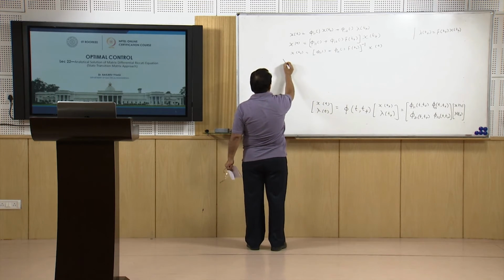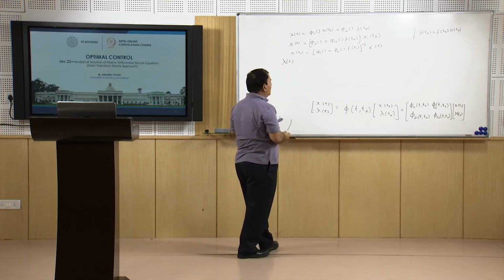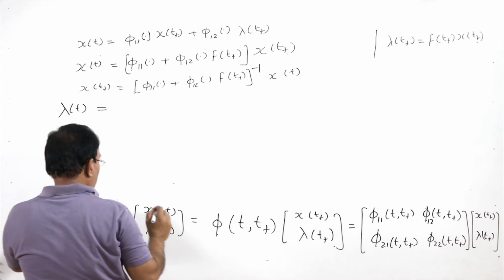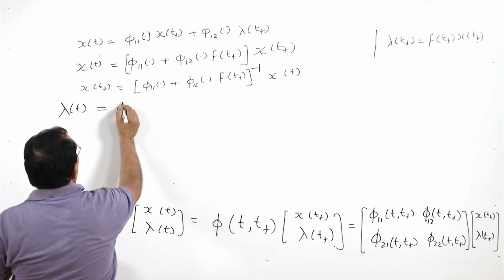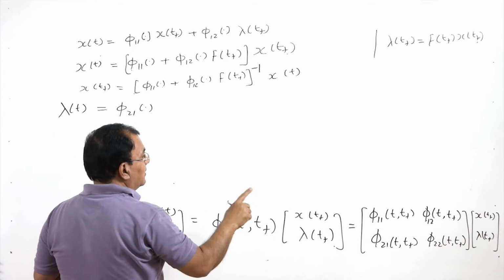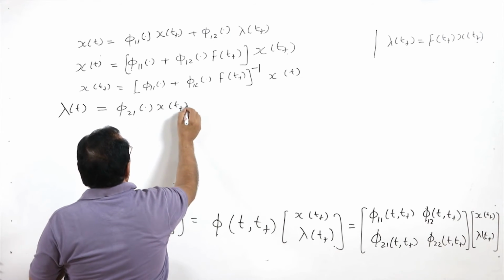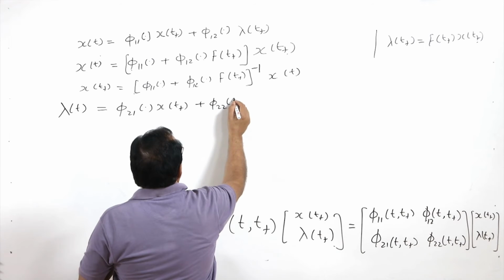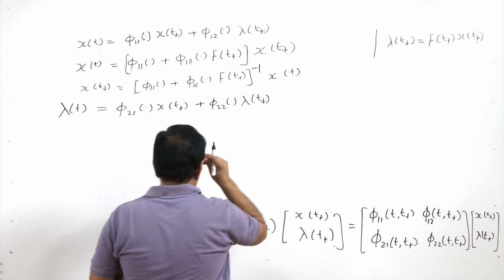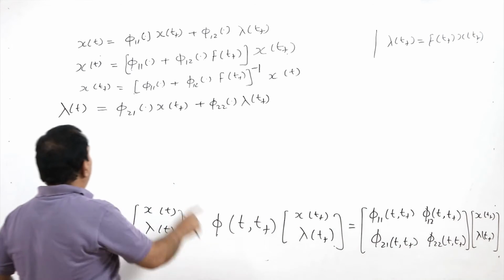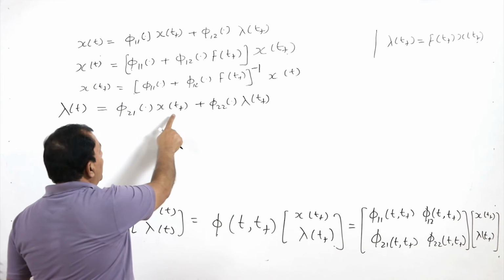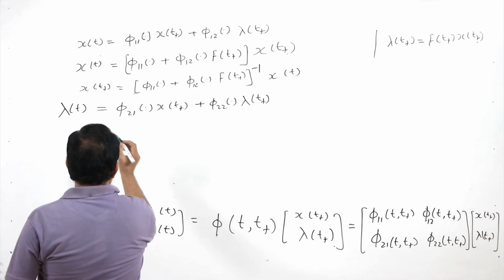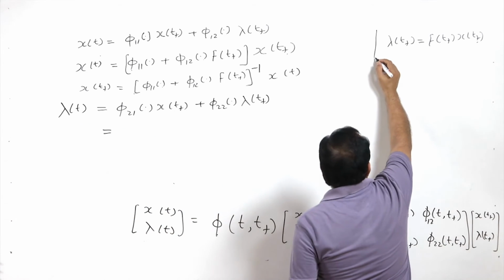Then we expand lambda(t), and by this we get phi 21 x(t_f) plus phi 22 lambda(t_f). Lambda(t_f) we are replacing by F(t_f) x(t_f), and you recall what was our substitution?